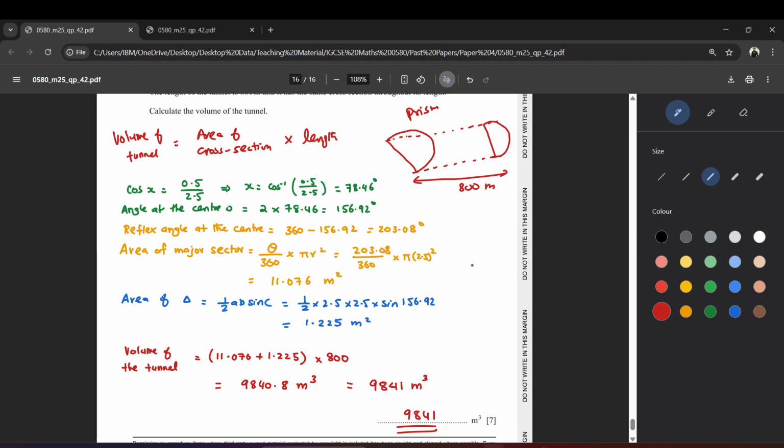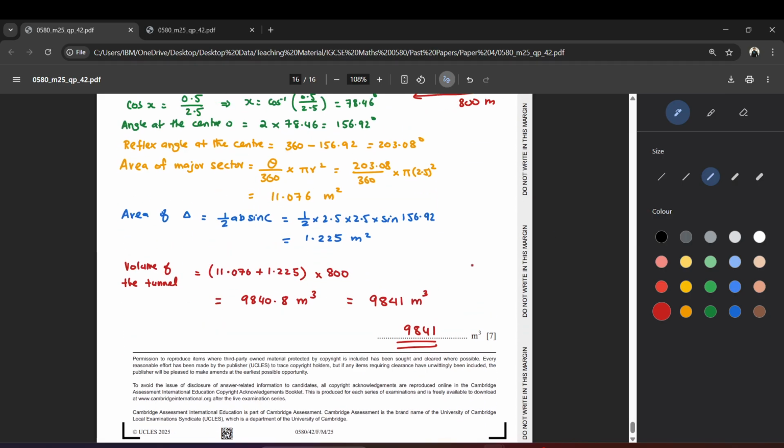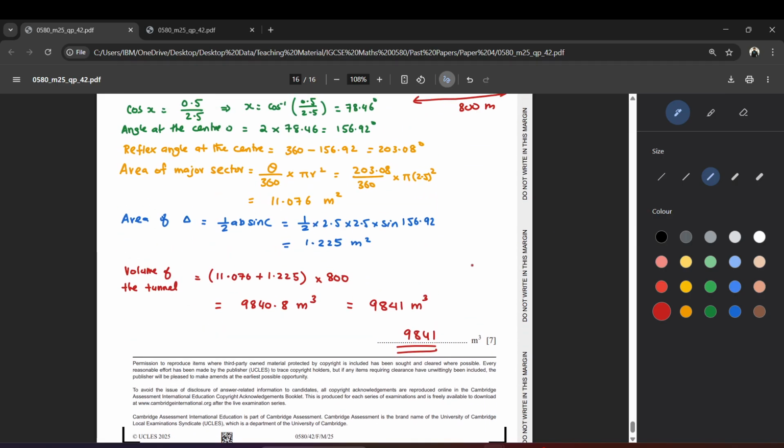Okay. So with that being said, this was the end of our IGCSE Mathematics paper 42 of, sorry, not May June, February March 2025, paper 42. Now this was the first exam paper that was conducted after the syllabus was updated, because the syllabus has changed in 2025.